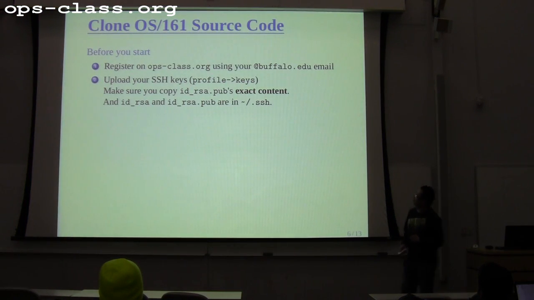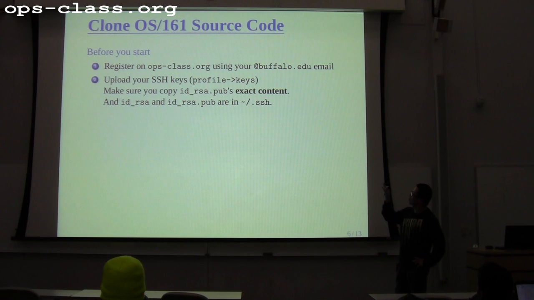This part concerns generating your SSH keys; there are some instructions on the profile keys page on the website. Two things to note here. First, make sure you copy the exact content of that public key file into the text box on the website, because some people may copy extra white spaces or weird characters. Don't do that.